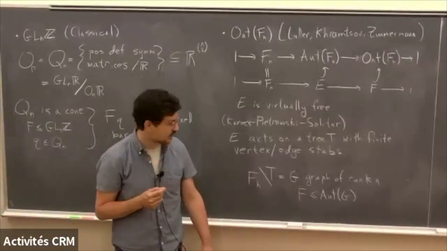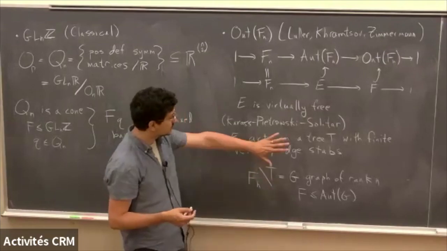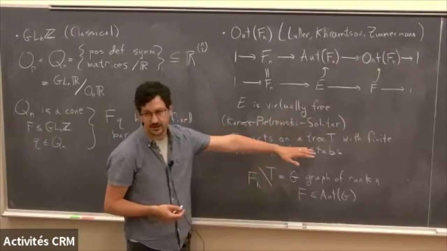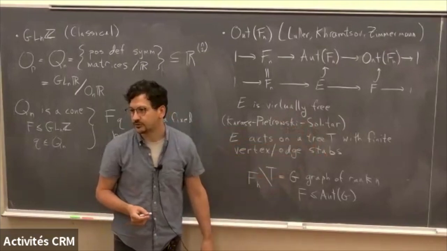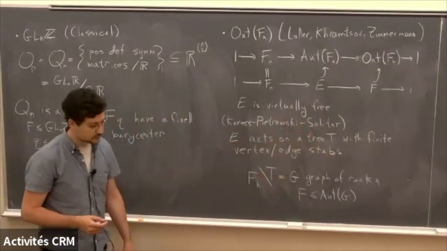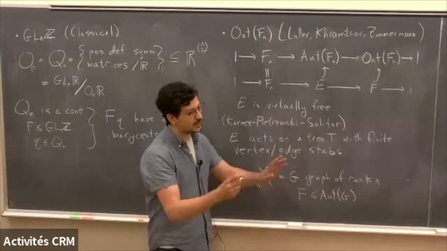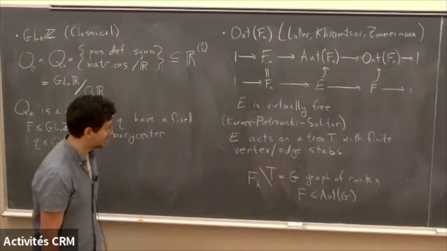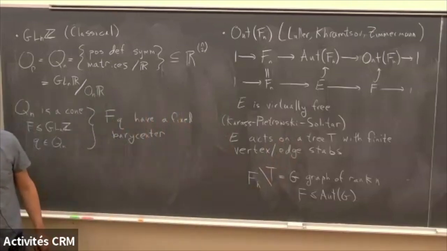But I was thinking unit length edges or something like that is enough, because we just have this acting on a simplicial tree, right? So you can just assume all the edges have length 1, for example. Yeah. Right. That's what you would really need. Yes. Yeah. Right. Good. Okay.